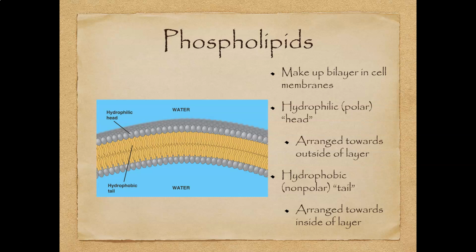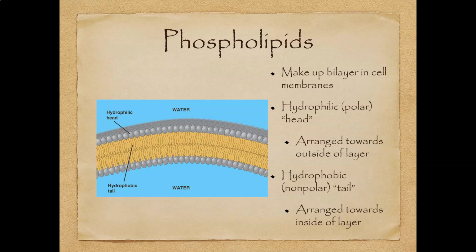And so these phospholipids spontaneously show up in these bilayers because those hydrophilic heads will interact with the water outside the cell, interact with that water in the cytoplasm, and that then ends up shielding those hydrophobic tails in the center from that water. And what that ends up doing is arranging itself in this situation that's going to be able to regulate what sort of molecules get in and out of that membrane based on the chemistry of the molecules we're moving.